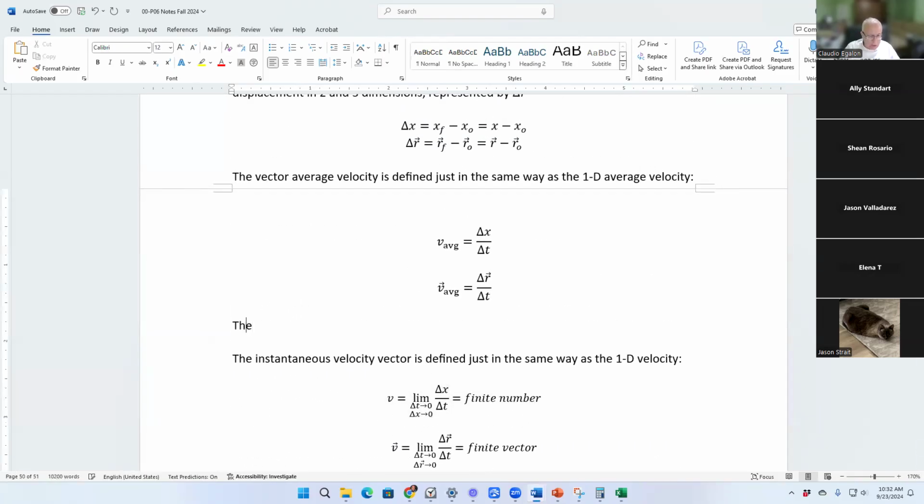The average velocity vector is parallel to the displacement vector. Okay? The average velocity vector is parallel to the displacement vector.